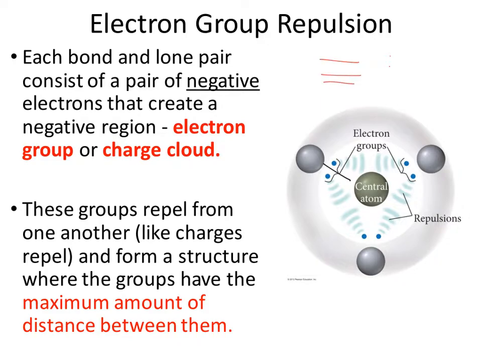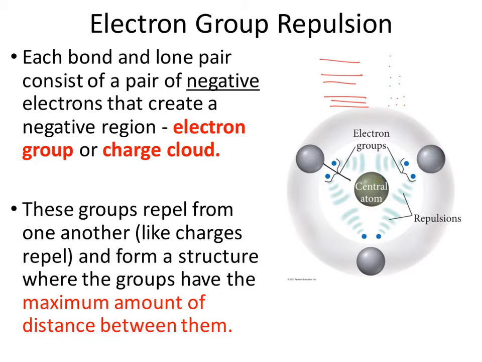If we have a double bond, there's two sets of those electrons. And if we have a triple bond, then there's actually six electrons involved in that bond. So the bonds are pretty negative because you have electrons involved there. And if you also have lone pairs of electrons, those are also negative. So keep that in mind, and that will help you really go through how VSEPR works.